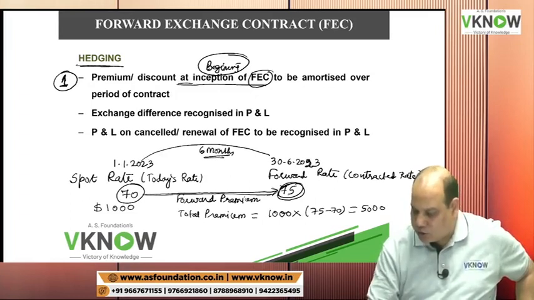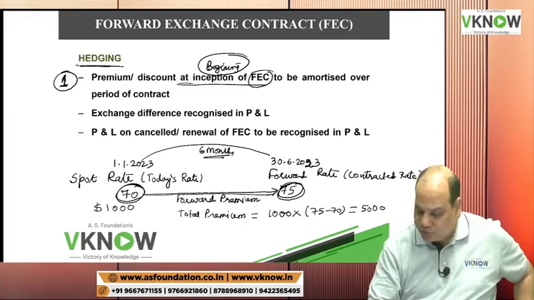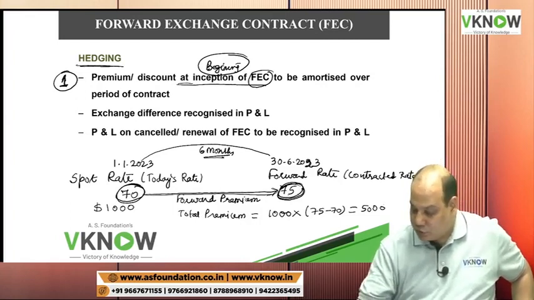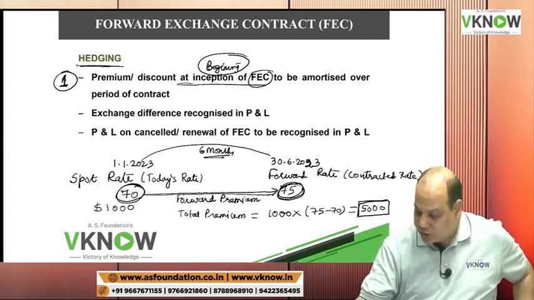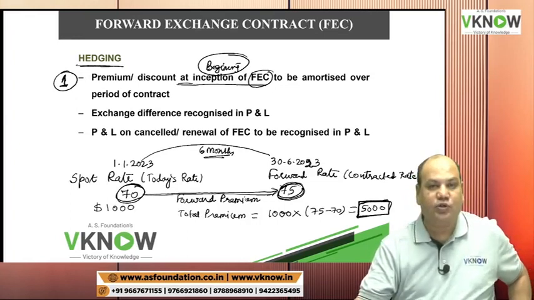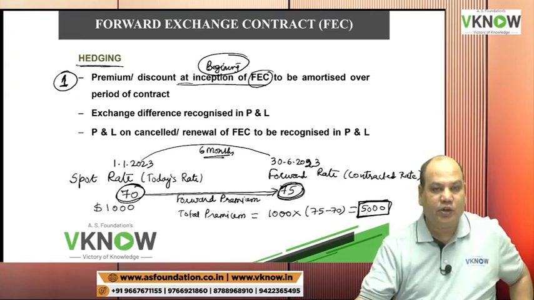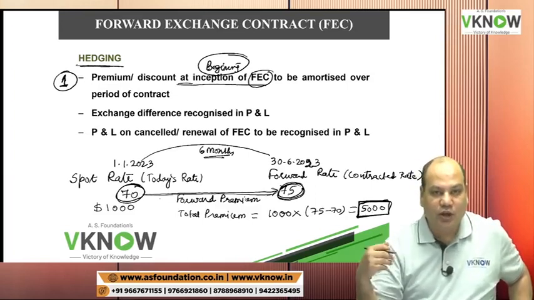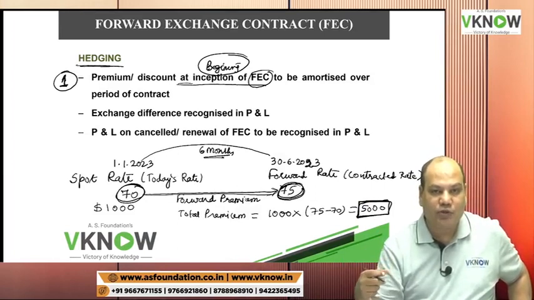So this is a small thing you have to do. Today is 70, but forward contract is 75. So therefore, there is a gain or loss of 5,000 rupees. If you are an exporter, there is a gain because you will get 5,000 more.